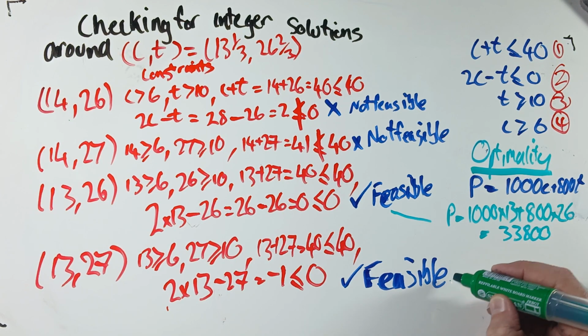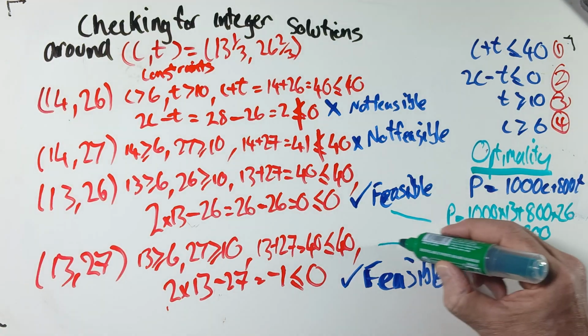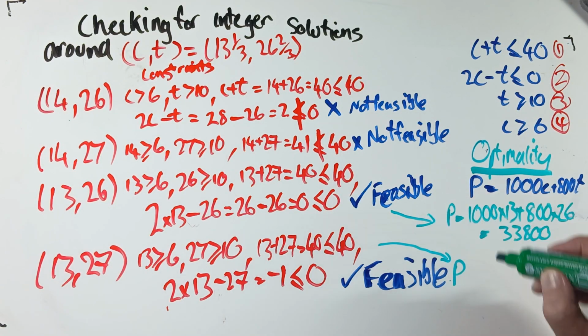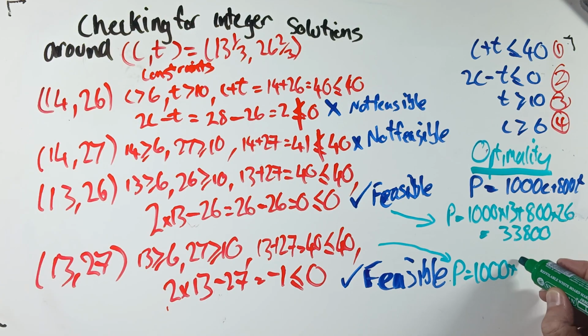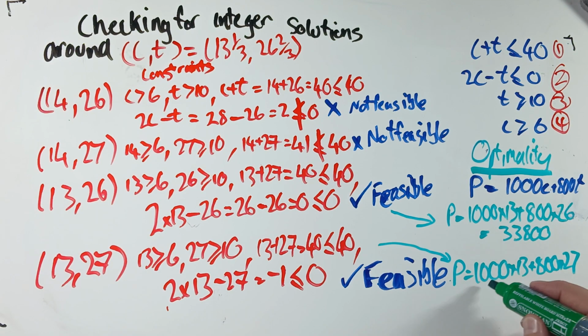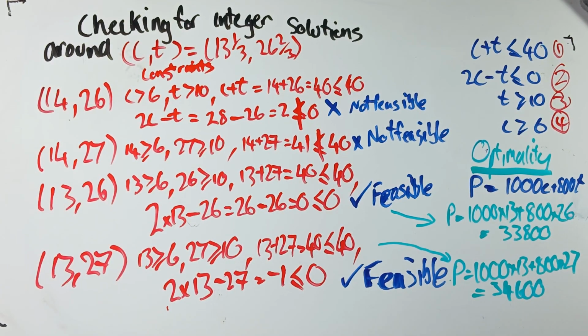And this one. And you should see that it's basically going to be 800 bigger, because the only thing that's different is that. We have now found an optimal solution.